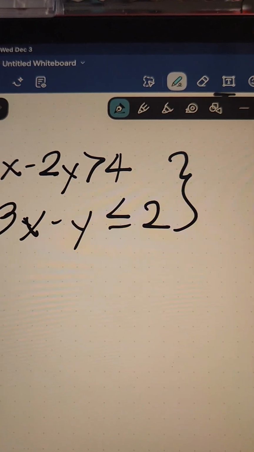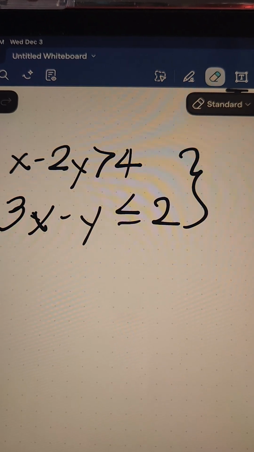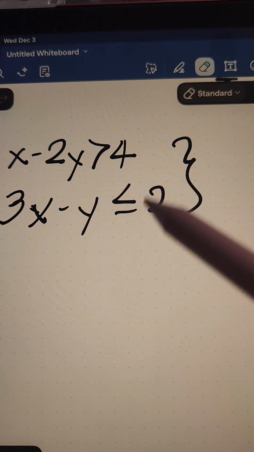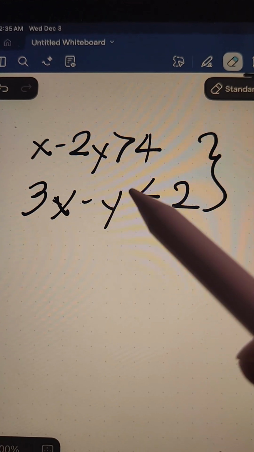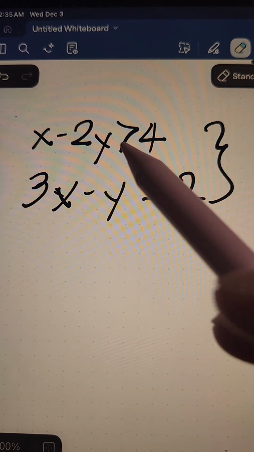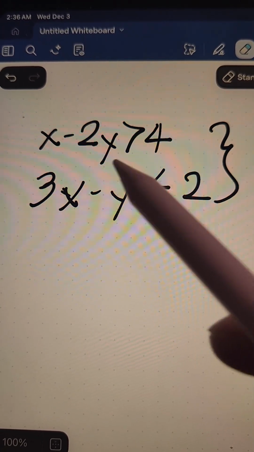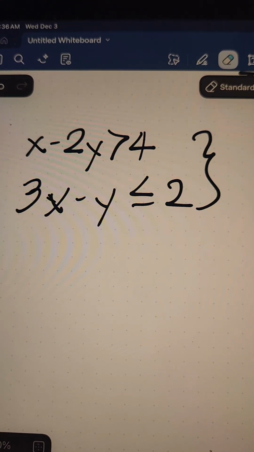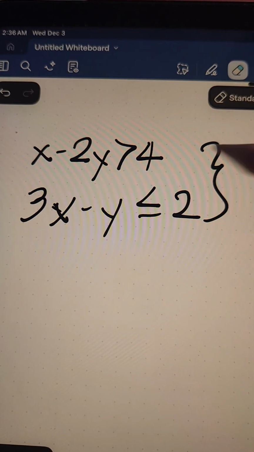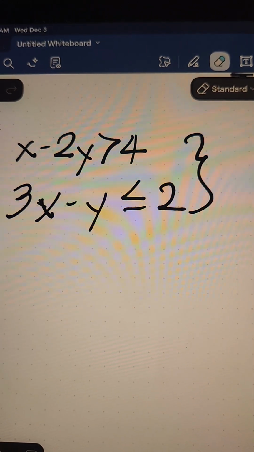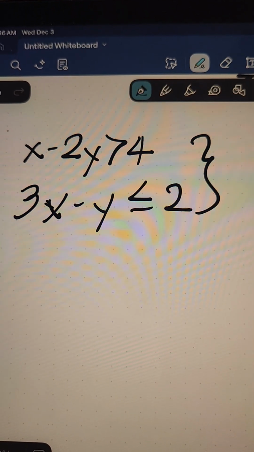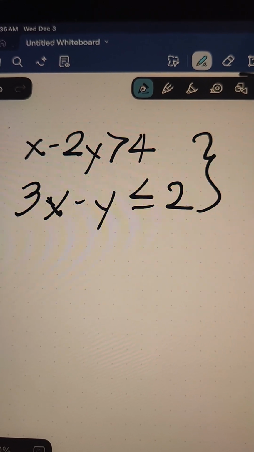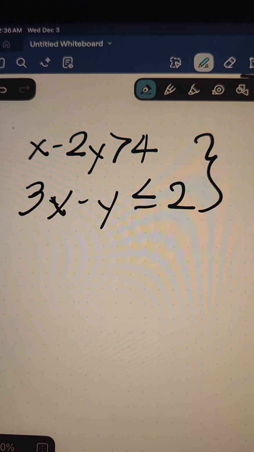Okay? So, in order to do this, kailangan i-plot muna natin itong mga expressions na to. Pero the only way to do that is to convert muna yung mga symbols, itong inequality symbols, into equal sign. So, ibig sabihin, itong nasa taas, ang magiging value niya ay, gagawin natin siyang basically expression, or equation rather.